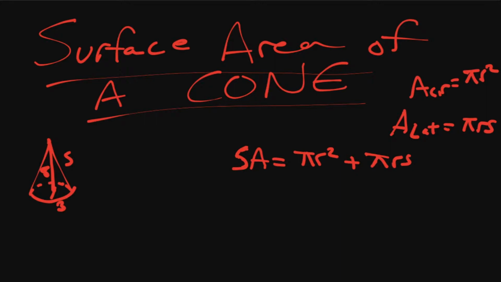And as we learned earlier, in one of the previous videos we used the Pythagorean Theorem to find that out. So in this case, if we look at the cone from the side, we have 8 here, we have a radius of 3, and we want to find this.